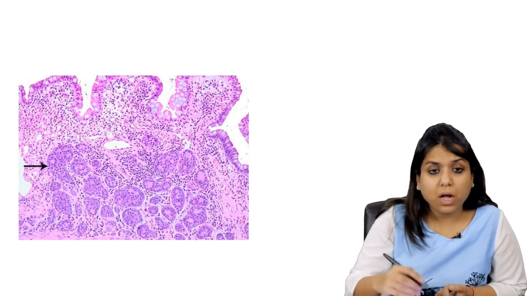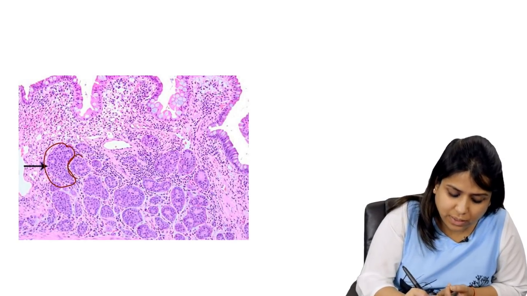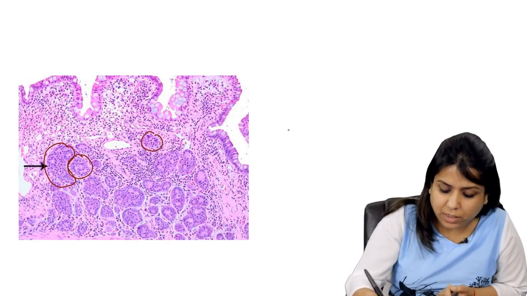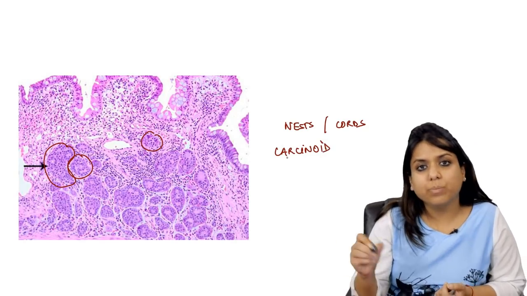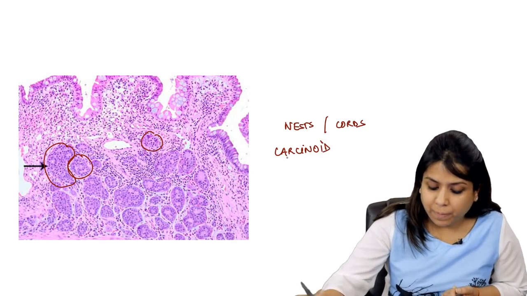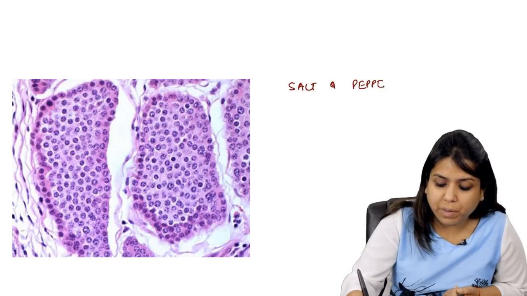Next image, students, again a gastric biopsy, and what you can see are these cells arranged in nests or cords. What are these cells? This is carcinoid. I'll tell you other important features of carcinoid. The cells have salt and pepper chromatin, right?